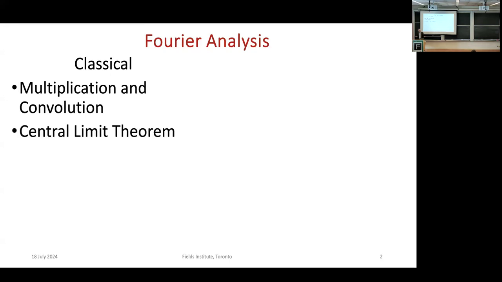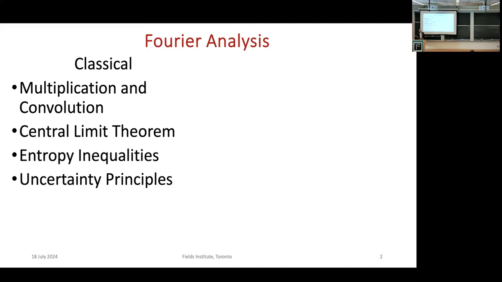They're exchanged by Fourier transform, and they lead to the central limit theorem, which is the standard elementary result in probability theory. There are many entropy inequalities, uncertainty principles that are basic in quantum theory, and measures of complexity.